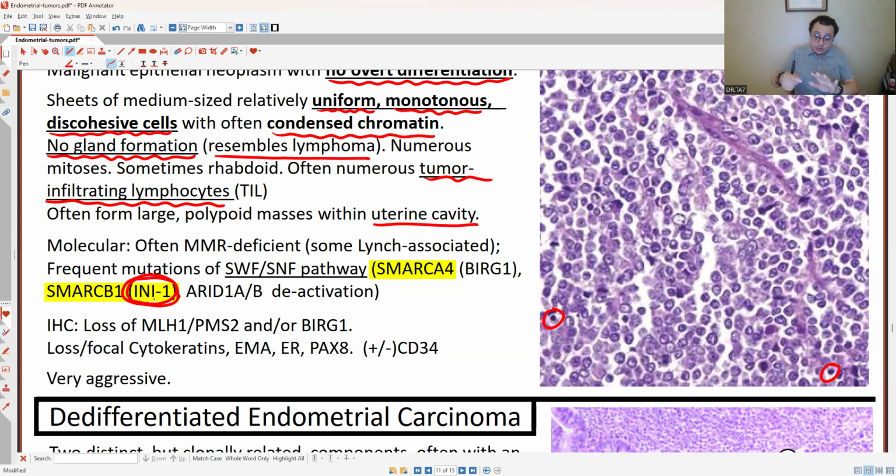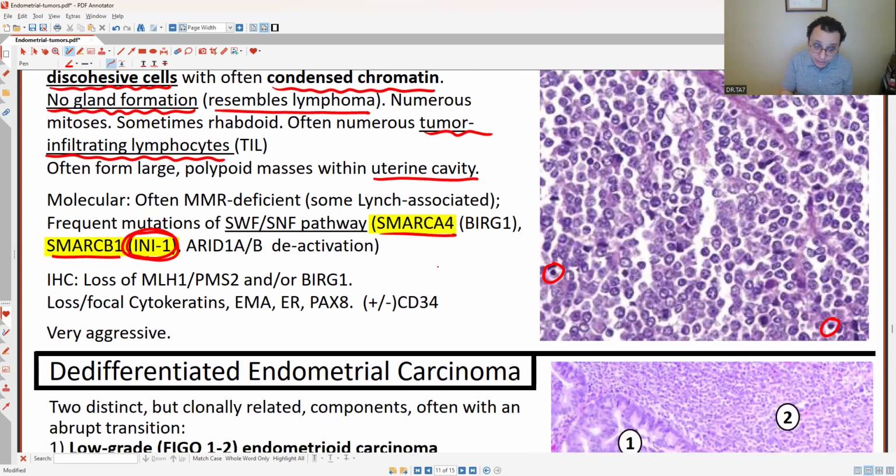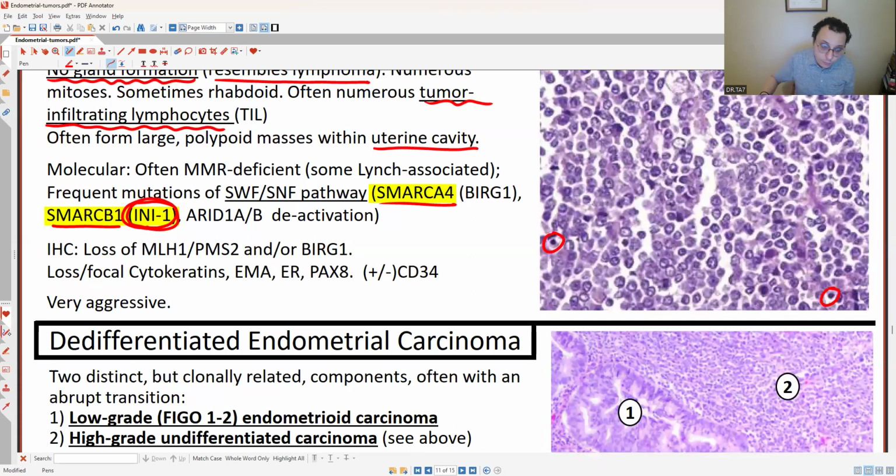If you see a tumor which is sarcoma-like, the cells are discohesive, they don't form any pattern, they look very bad, and they are filling up the whole microscopic field. It's usually associated with loss of INI1 or SMARCB1 or SMARCA4. It's of course very, very aggressive.